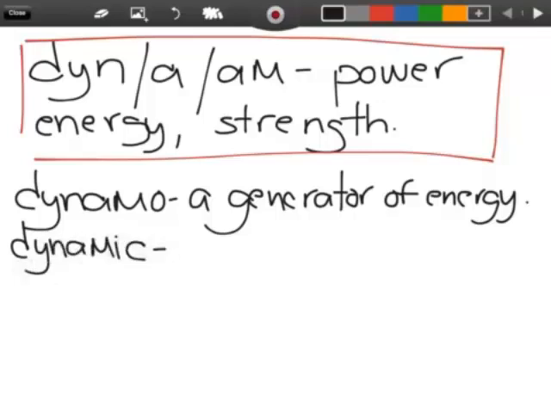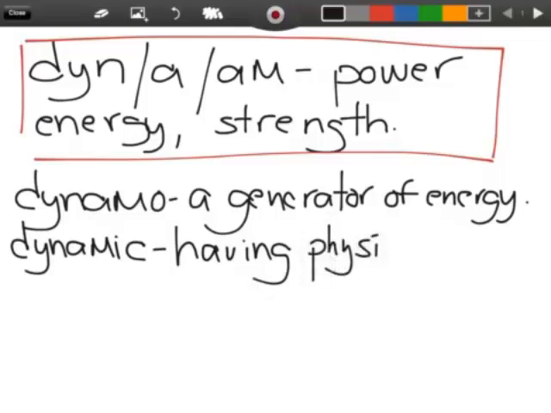And the meaning of that is having physical energy or power.